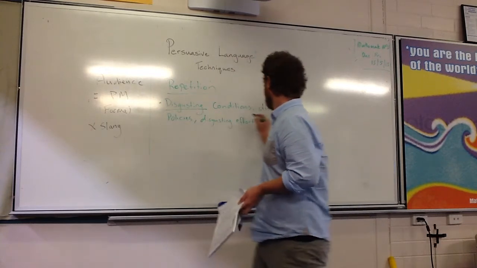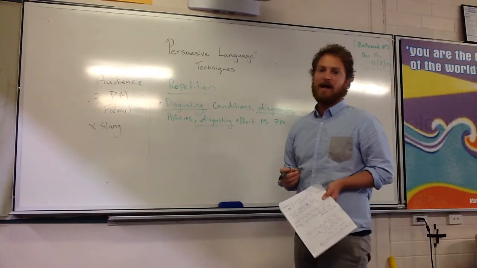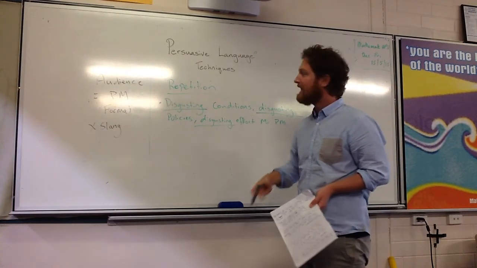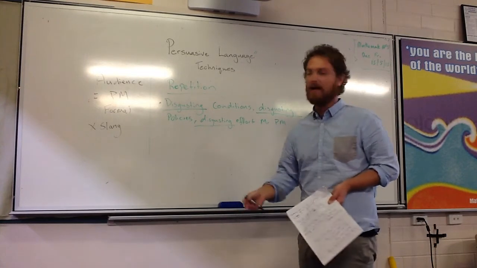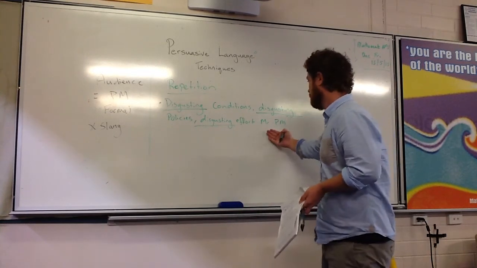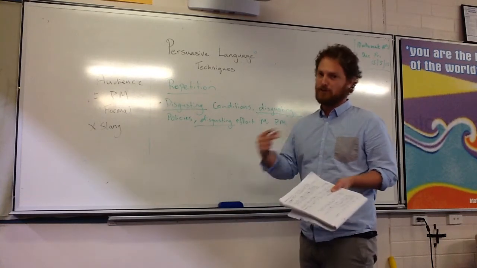You can see I'm repeating the word disgusting. It shows my disapproval at what's happening, it's emotive, and I'm repeating it over and over again so that it gets stuck in the mind of the reader, the Prime Minister. Again, I've referred to him as Mr. Prime Minister. So that's another one that you can use to try and persuade.